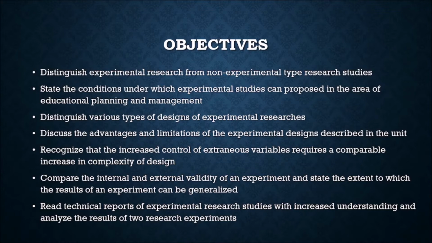Number six, compare the internal and external validity of an experiment and state the extent to which the result of an experiment can be generalized. Number seven, read technical reports of experimental research studies with increased understanding and analyze the results of two research experiments.